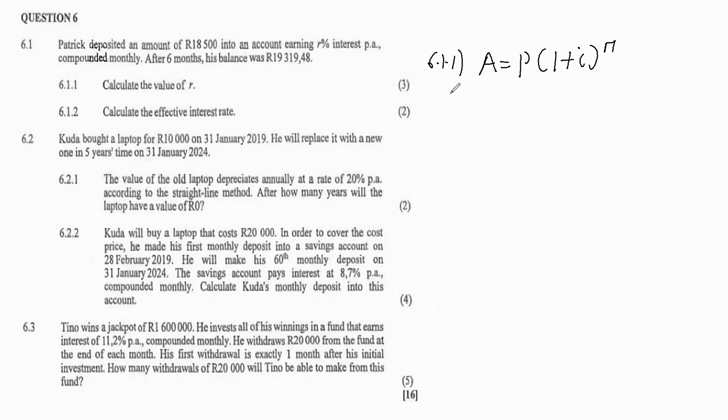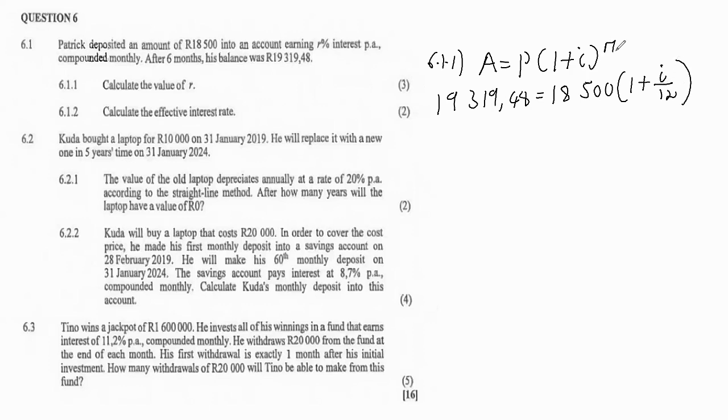The A here is the accumulated amount, which is 19,319.48. Then the principal amount, which is what was deposited initially, and then we have 1 plus the interest. Note that this is compounded monthly, so this should be i over 12.